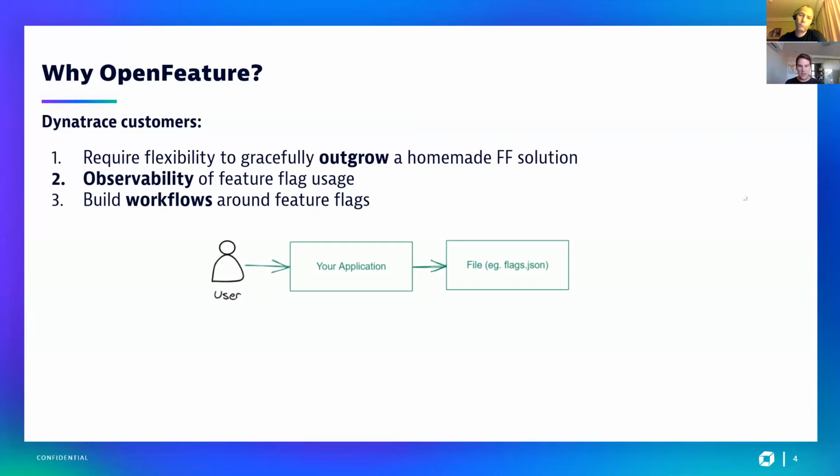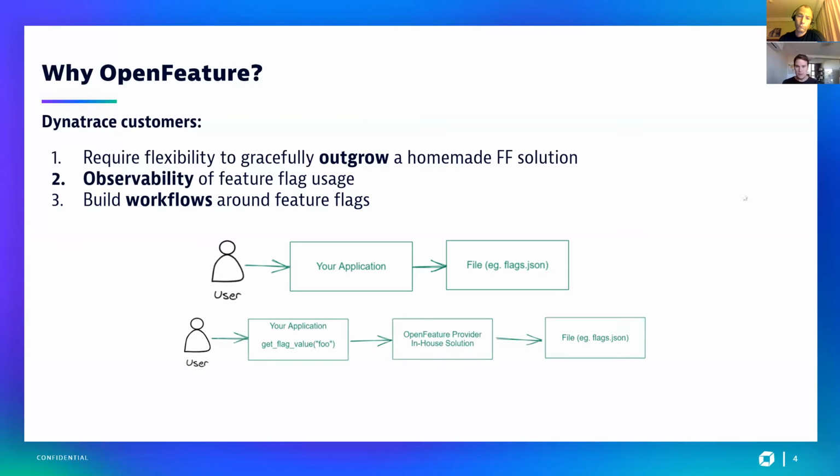Over time, that grows in complexity. At some point you outgrow it and you want to migrate to a vendor solution. But the problem is you've tightly coupled your application to the feature flags themselves, so your application is now entirely dependent on your in-house solution.